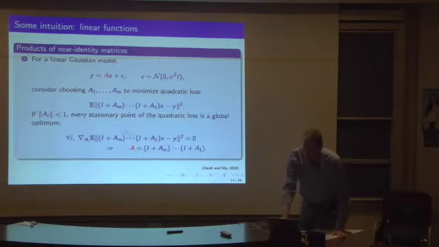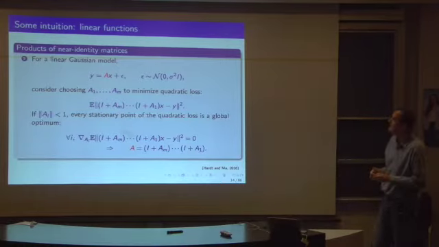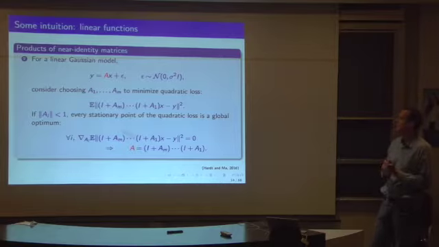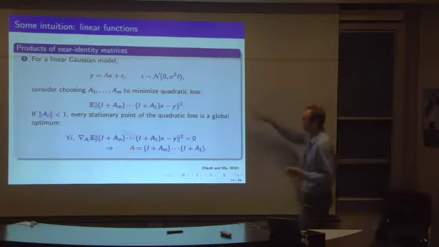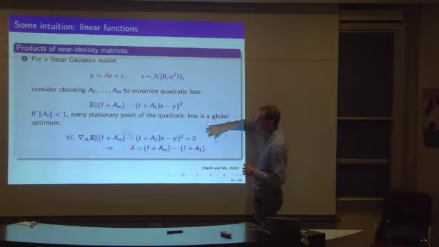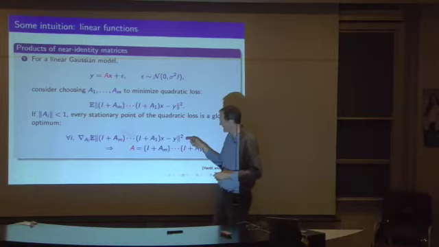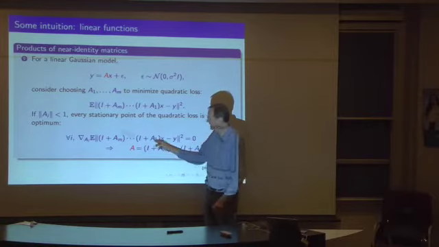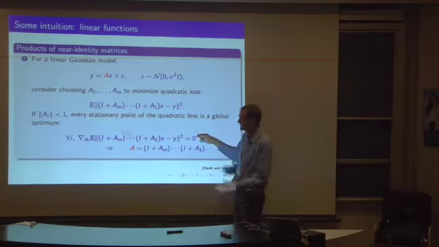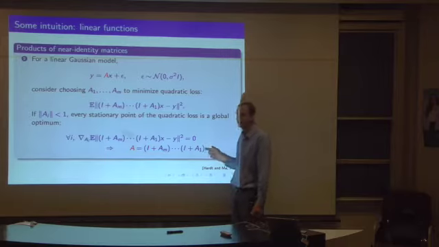Nonetheless, there's this very nice first order condition for optimality: as long as you keep all of these A_i, the deviation from the identity, small, in the sense that the spectral norm is less than 1, then every stationary point of this quadratic loss is a global optimum. So if you look at the gradient of the criterion with respect to any one of these A_i, if it's 0 for all of these A_i, then that implies that actually we've got the right linear function, right?